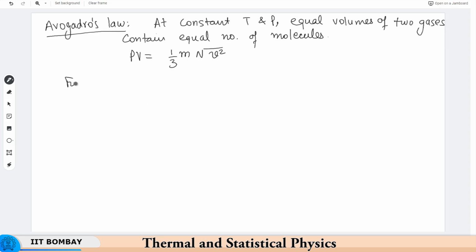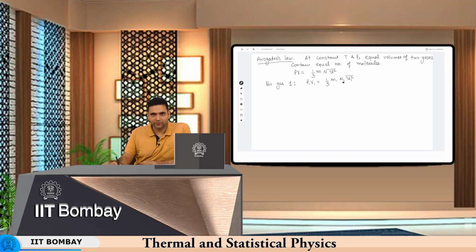And for gas 1, this can be written as P1 V1 equals 1 by 3 m1 n1 v1 squared average, where P1, V1, m1, n1 correspond to the pressure, volume, mass, number of gas molecules and the mean squared velocity of that particular gas. And for gas 2, we can write P2 V2 equals 1 by 3 m2 n2 v2 squared average, right.